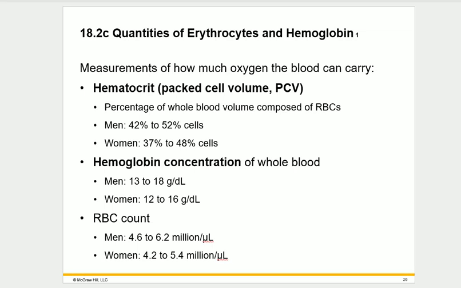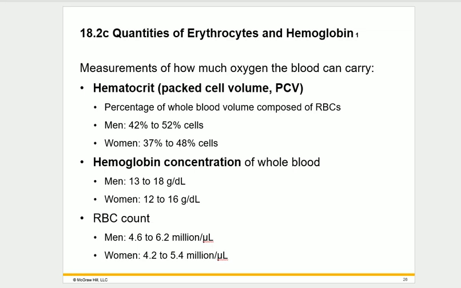The hematocrit is also called the packed cell volume, PCV, and it's the percentage of the whole blood volume composed of red blood cells. In men, it normally ranges between 42 and 52%. In women, between 37 and 48%. Again, this is where we were talking about the 4 to 6 liters of blood, how men are going to have more blood than women for general size differences.